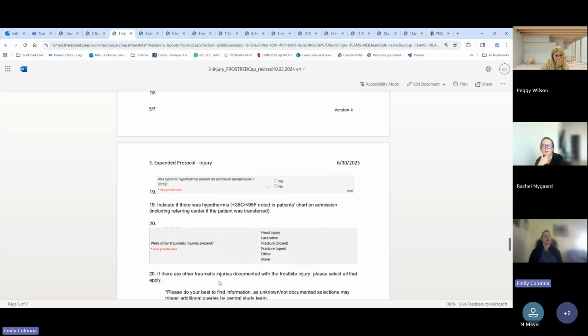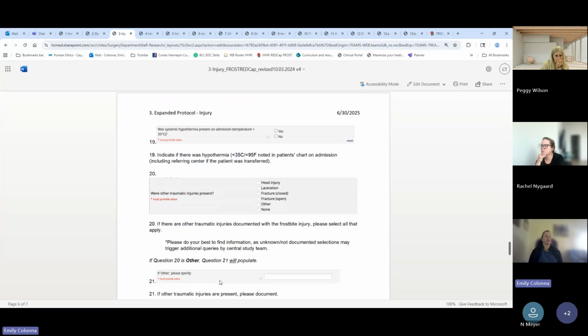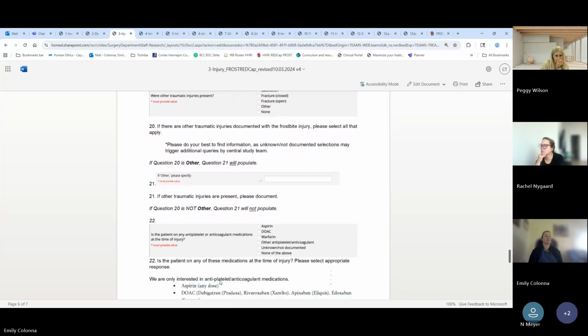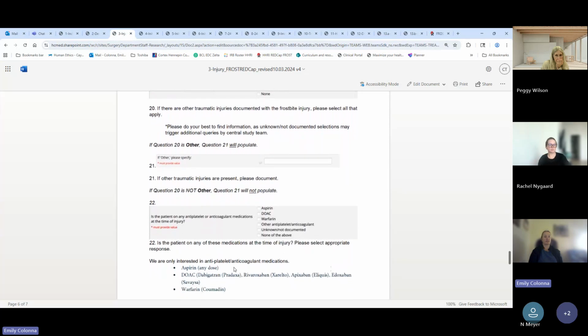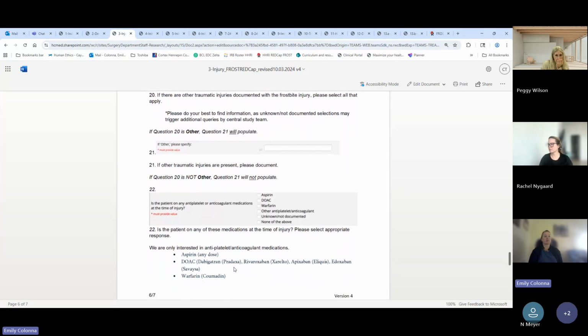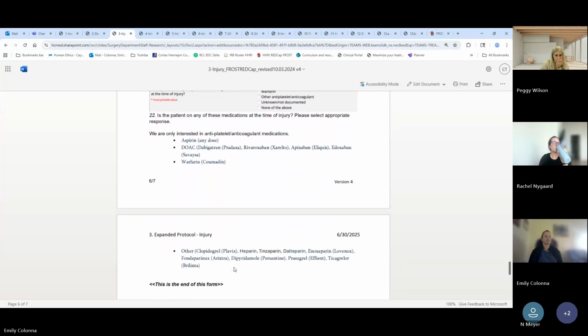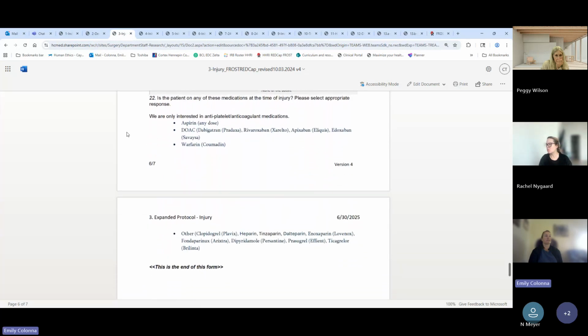If there are other traumatic injuries documented, you can select all that apply here. And was the patient on any of these medications at the time of injury? We're interested in anticoagulant medications and antiplatelets. We have a list of common drug names here. That is it for that one.